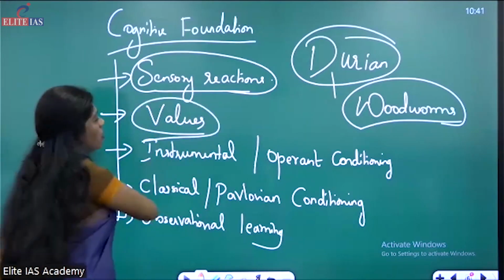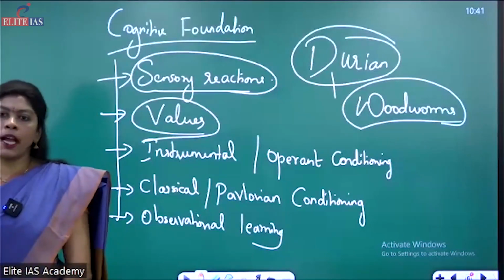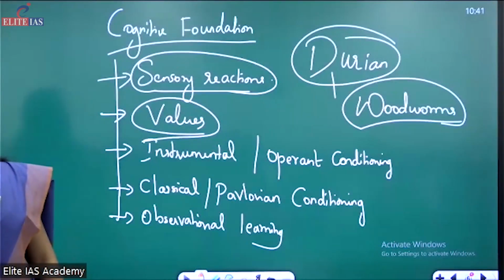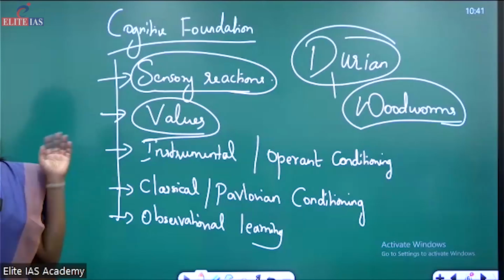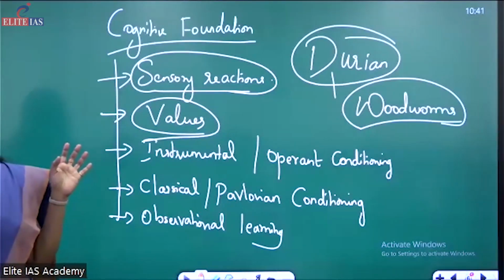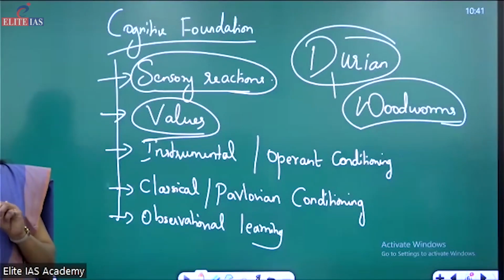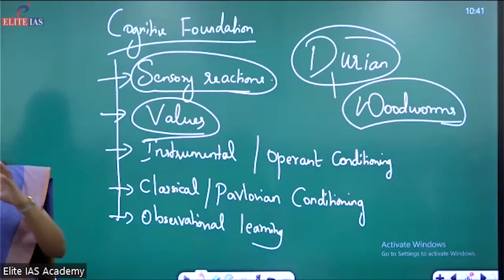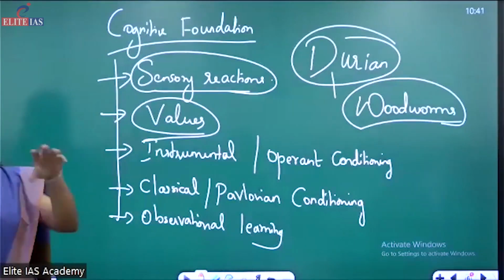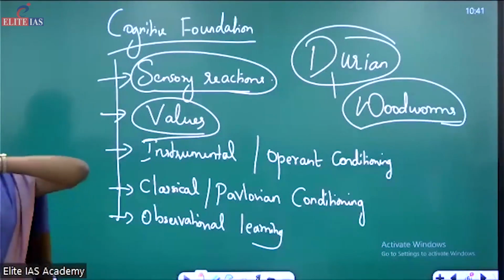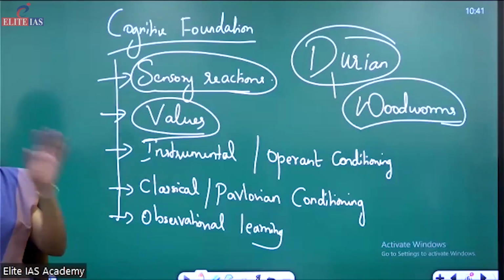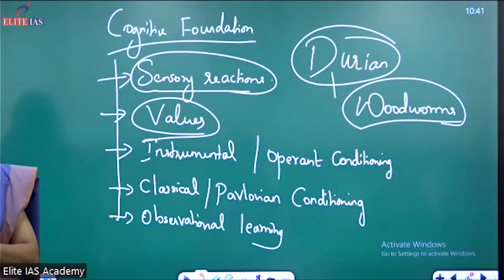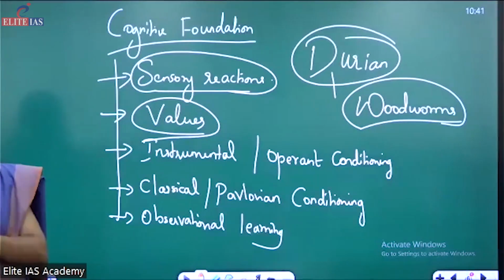Then values: how values help to form attitudes in us. For example, last class I told you about the divine command theory and a particular community in Tamil Nadu. These people will try to give birth to around 17 or 18 children. In a single family, imagine 3 women are there, how many children will be there?